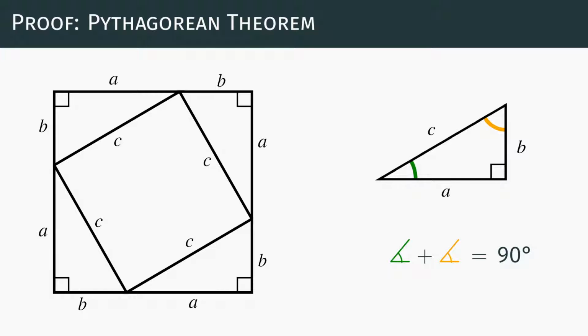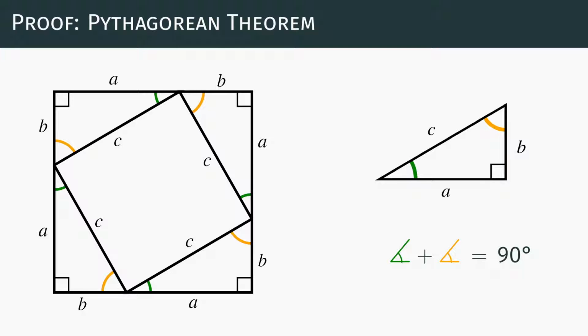Now, if we look at where those other angles show up in that big square shape we made, we see that they wind up matching nicely around the corners of that inner square shape, right? They all show up because of the way we placed those triangles in the first place. And so notice, because that outer square has straight lines making it up, we've got both of those angles on a 180 degree line, right?